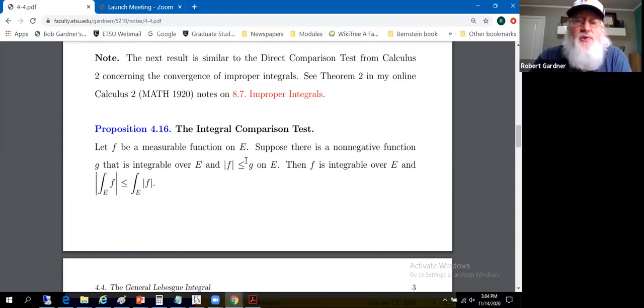Let f be a measurable function on set E. The integral comparison test, it's called, says if there's a non-negative function g that's integrable, okay, so there's the real constraint.